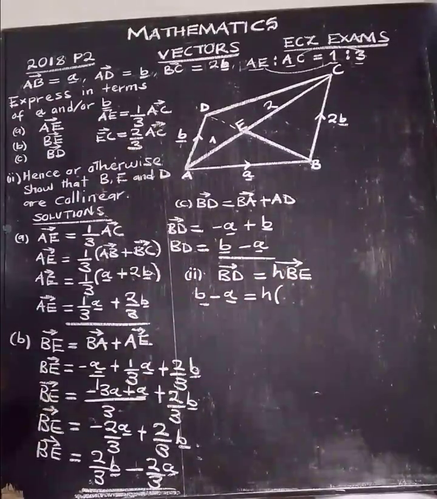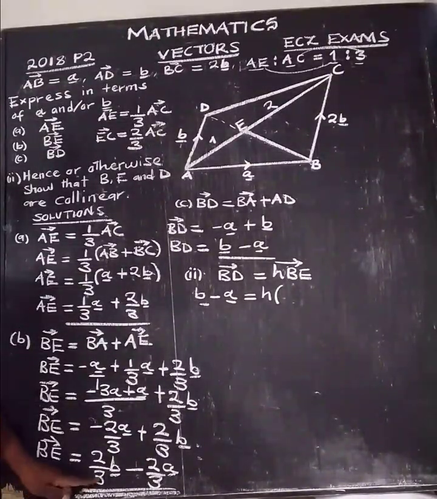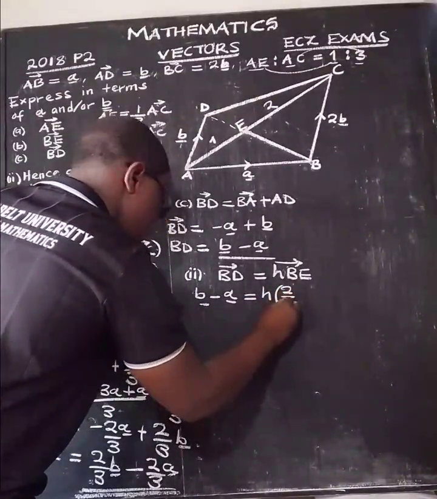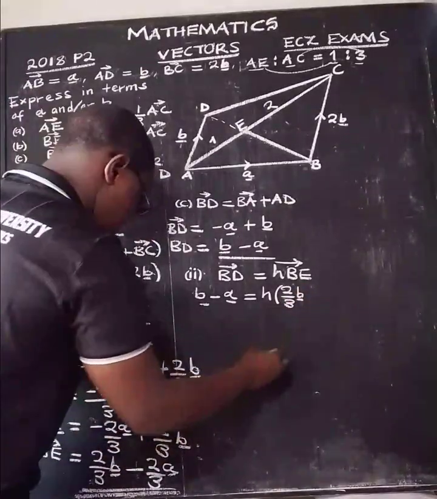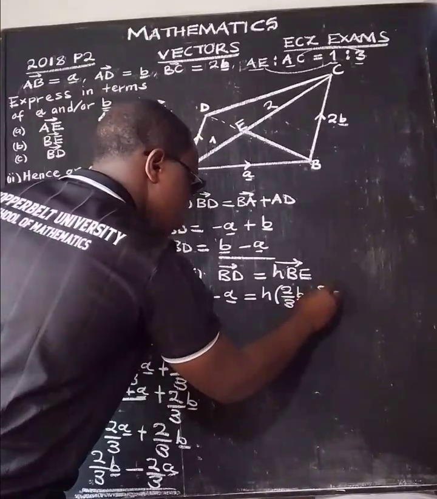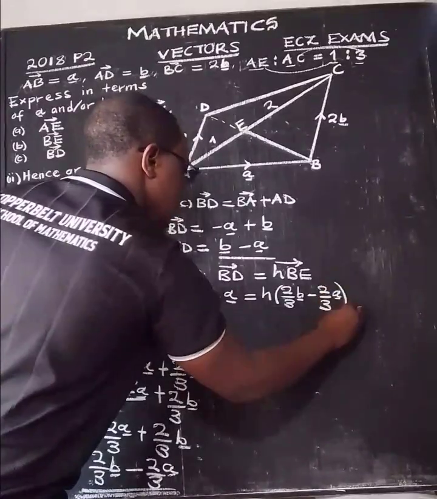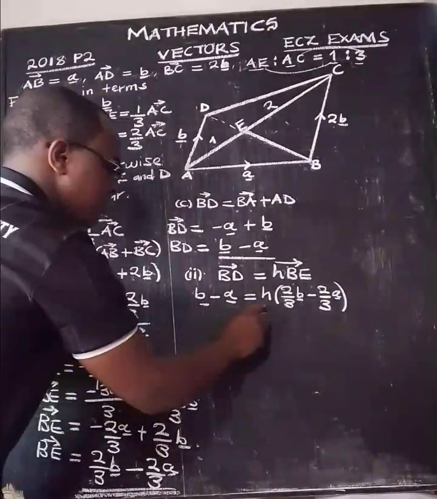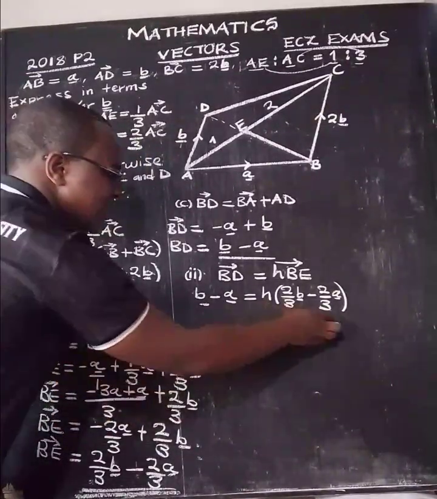Do we have our BE? Yes, this is our BE. So BE is 2 over 3 vector B, is it plus or minus? Minus 2 over 3 vector A. Then we can now distribute this H. We're going to multiply H by what is inside.